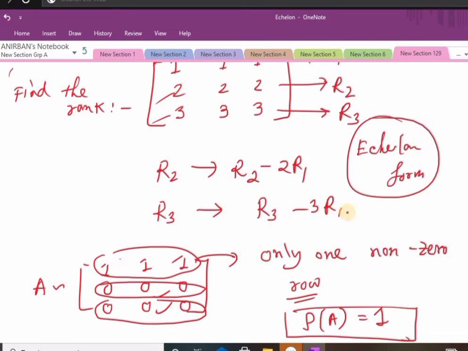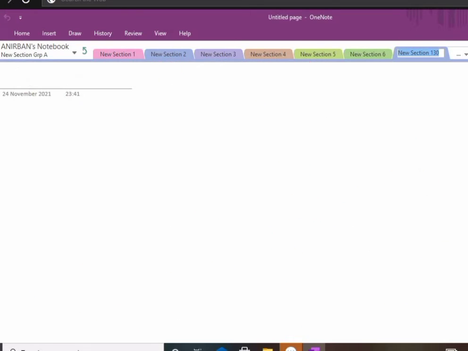Let us take another example. Suppose we have the matrix A: 1 2 1, minus 1 0 2, 2 1 minus 3.